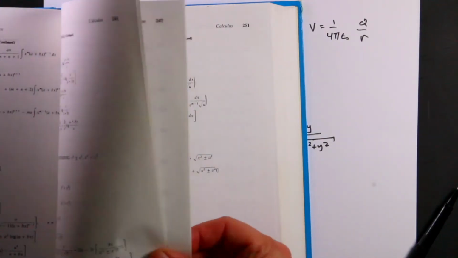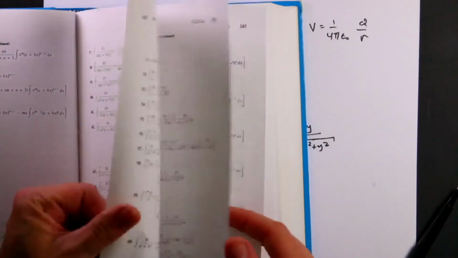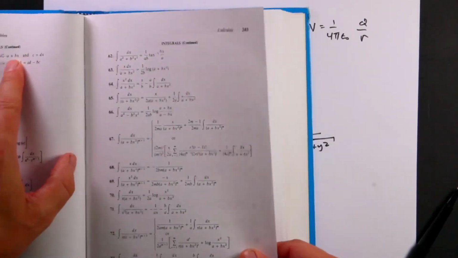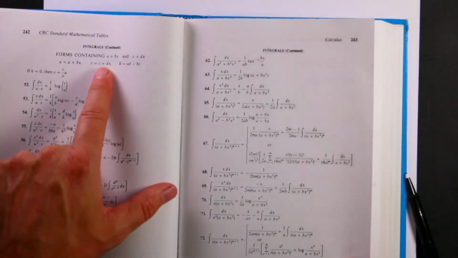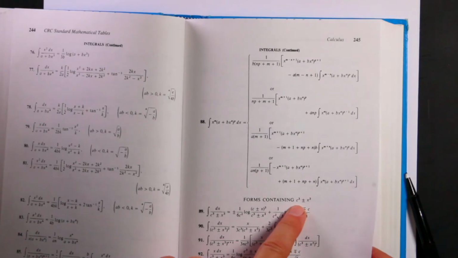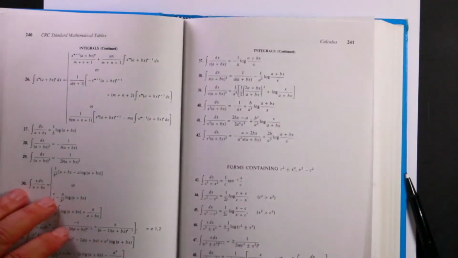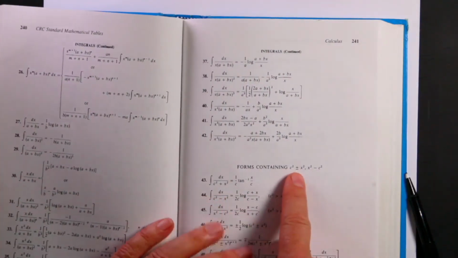Nope, now I'm back the other way. You have to flip through it, but you're looking through the forms containing a plus bx. I don't want that. Here's c plus or minus x.